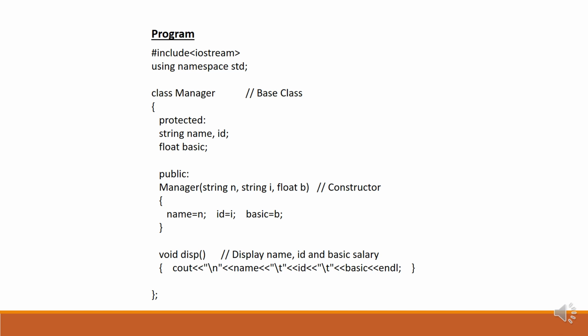We have a member function called disp to display the manager details, that is name, ID, and basic salary. That completes our declaration of the base class.